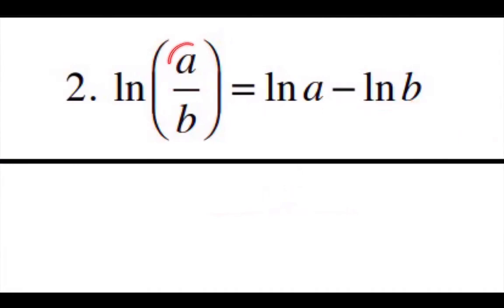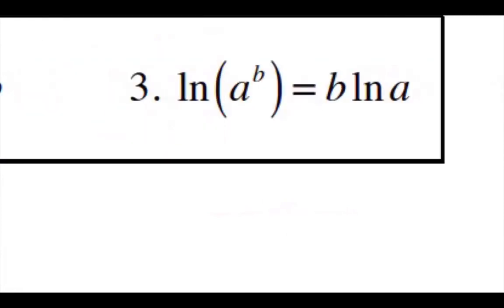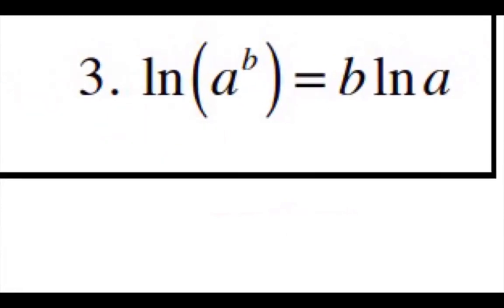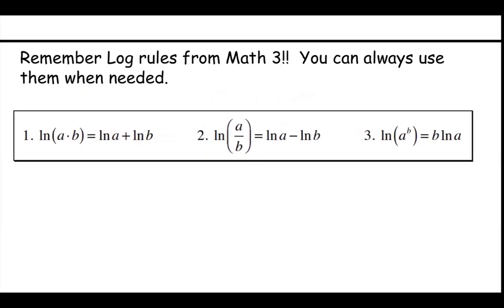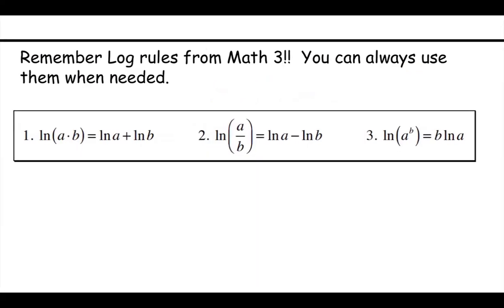I would just find the derivative of the top, find the derivative of the bottom, subtract them, and you're done. A little easier. Over here, I would have something to a power. And imagine if that power was like 2 to the x, then I would have to do derivative of that, which is a longer process, right? So instead of that, what it says is you can move it to the outside and it becomes a coefficient. You don't have to use these rules, but I put them on there because sometimes it'll make your life a lot easier if you do it this way.